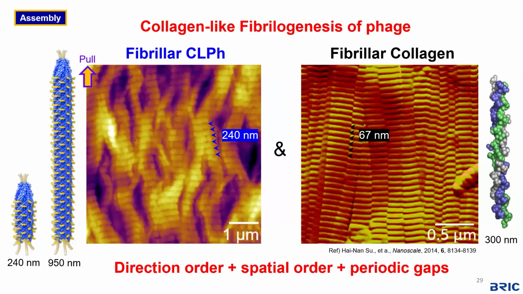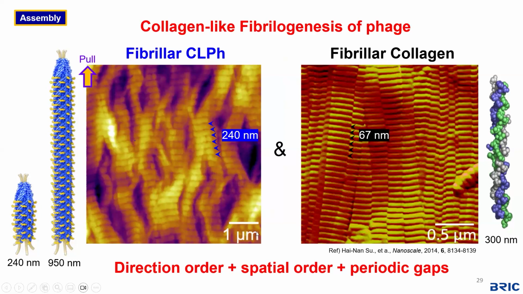And as we tested the self-templating assembly of our phage with two different lengths, one at 240 nanometers and the second at 950 nanometers, we could see these beautiful collagen-like fibrils. We are very happy to see this collagen-like structure because it has three features: directional order is possible, spatial order with the 240 nanometer repeating gap is possible, and also these periodic gaps.